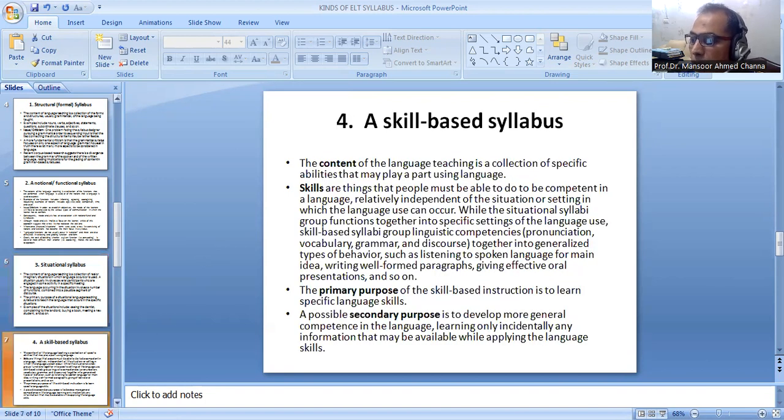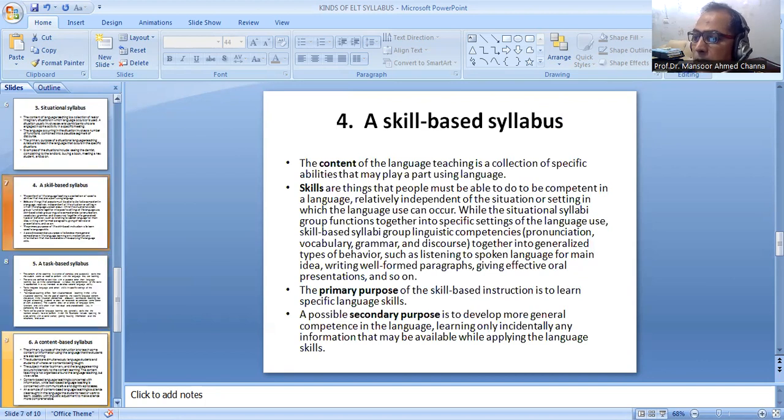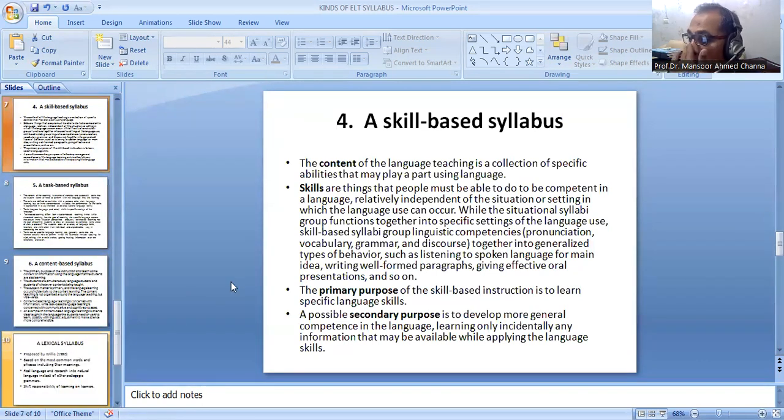Number 4 type is a skill-based syllabus. The content of the language teaching is a collection of specific abilities that may play a part in using language. Skills are things that people must be able to do to be competent in a language, relatively independent of the situation or setting in which the language can occur, while the situational syllabi group functions together into specific settings of the language used.